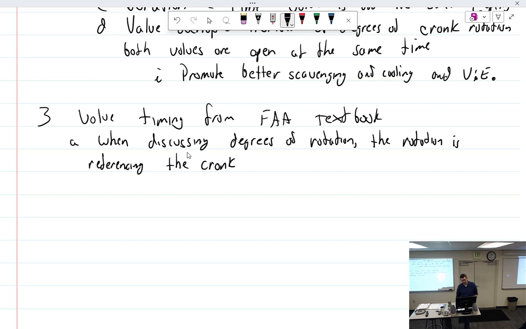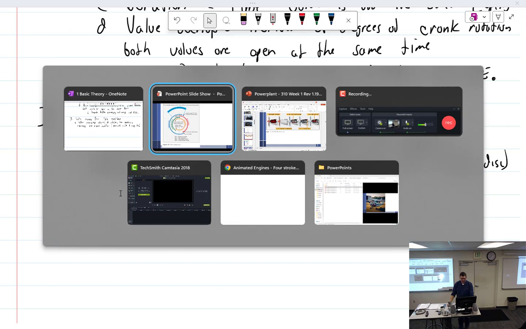I'm just going to put crank rotation measured with a timing disc, because that's a Q&A thing. What's a timing disc? A timing disc is a disc, sometimes called a flower pot, and you're going to hate them. I don't think I have a picture of them. Let me see, maybe I do.